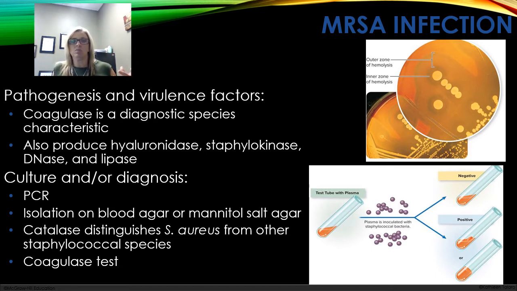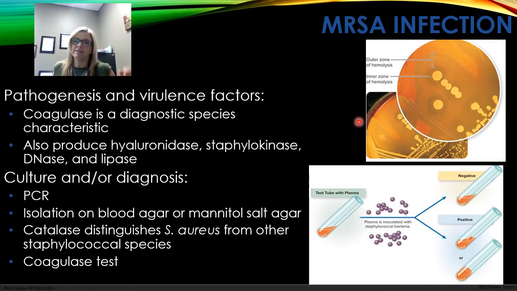Catalase can be used to differentiate staphylococci, which does produce it, from streptococci, which does not, and catalase is going to be used to break down hydrogen peroxide, H2O2. Okay, and so here we have a staphylococci coagulase test down here at the bottom.